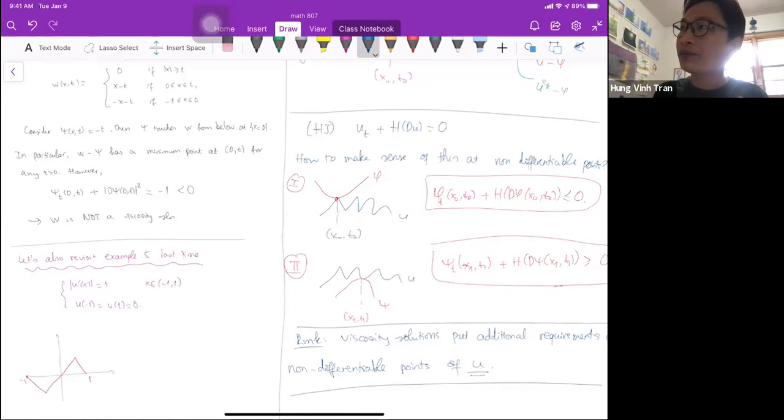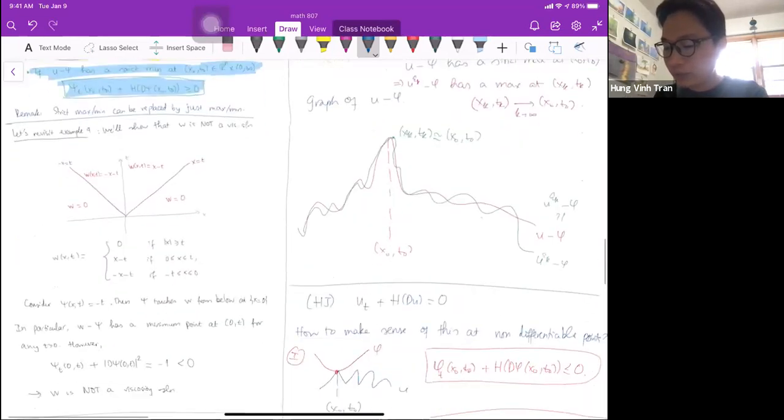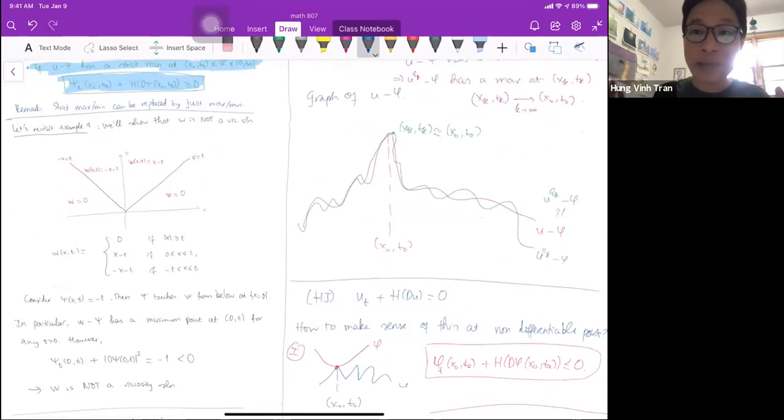So this is also another important point of philosophy. You look back at the examples, you see that you can design many almost everywhere solutions. So if you use the notion of just almost everywhere solution, you have many solutions.